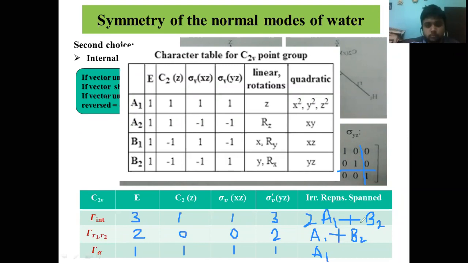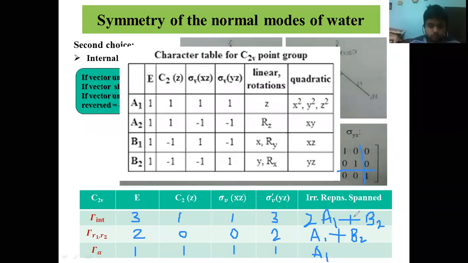So 2A1 plus B2, I think that's what we get from the Cartesian coordinates also, right? So in this particular case, we really are not getting any difference either using the Cartesian coordinates or the bond coordinates, right? So there is no difficulty.